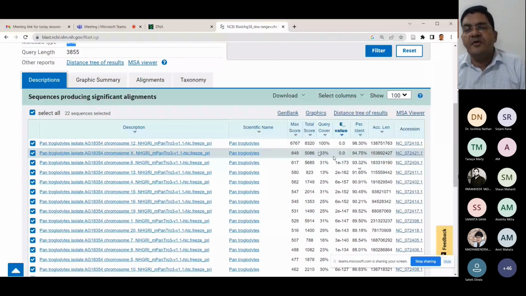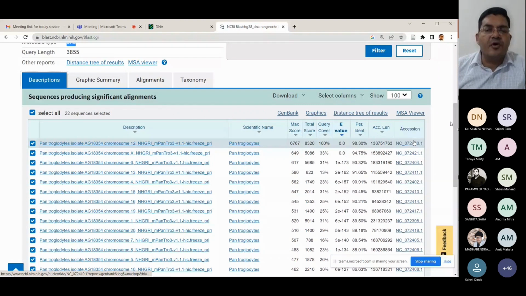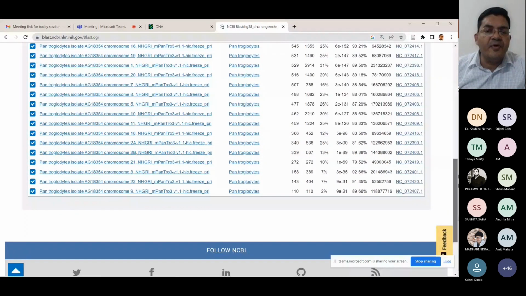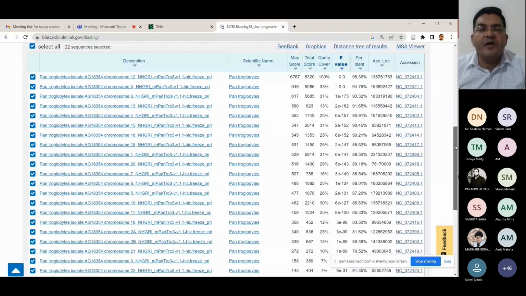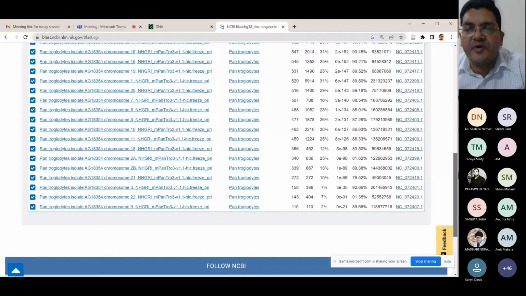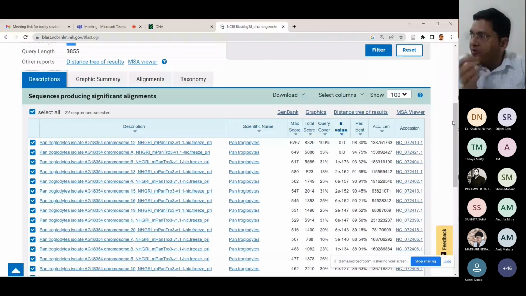Then you have the accession number, right? So this is your major statistics. And if you see here, there is only one match that is to 100% query coverage. Remaining matches are small in size, and by virtue of being small, they may not be so significant for identifying the orthologous locus in chimpanzee for the full sequence, right?